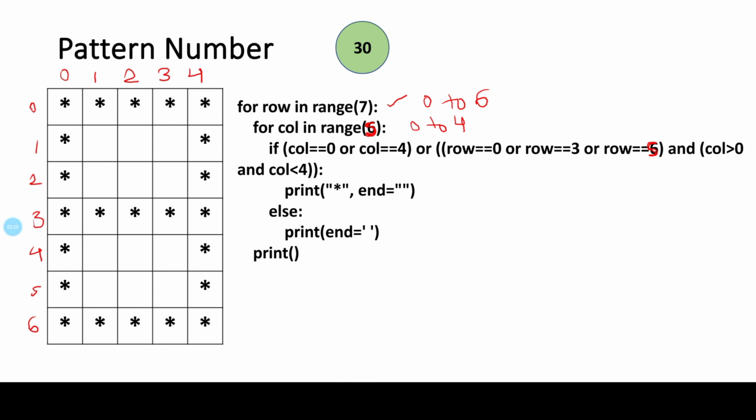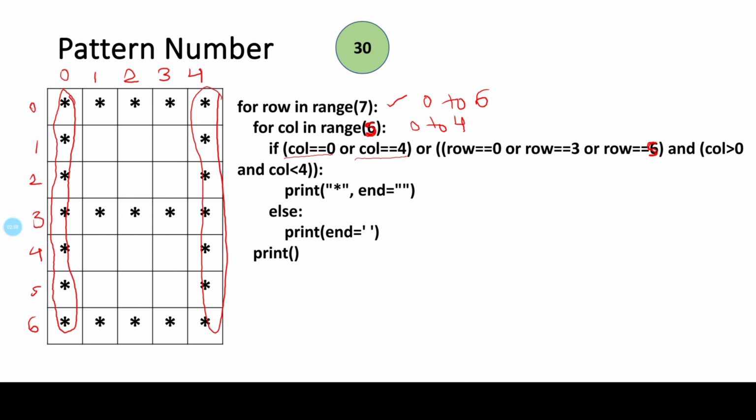Now talking about these stars, the next thing is that we want to draw these stars, right? So we shall be tackling one portion at a time. Talking about the if condition, the first condition is when column is equal to 0 and column is equal to 4. Clearly you can see that I am talking about when the column is equal to 0 and column is equal to 4.